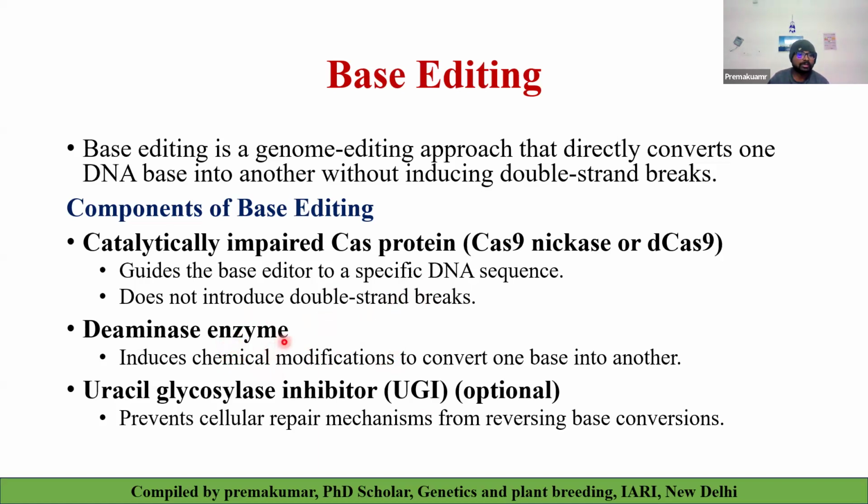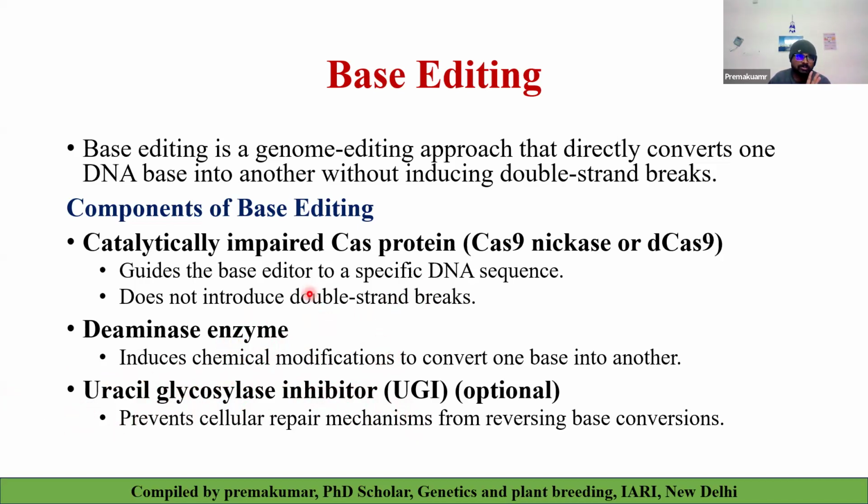But you don't want that. That's why you add uracil glycosylase inhibitor, so that whatever modification you make remains intact. It suppresses the host repair mechanism. That is the idea behind using uracil glycosylase inhibitor.